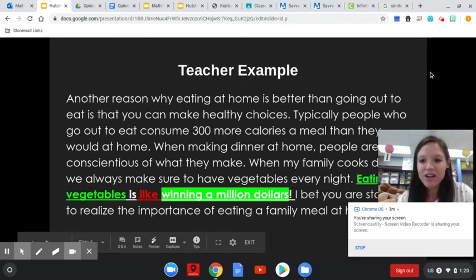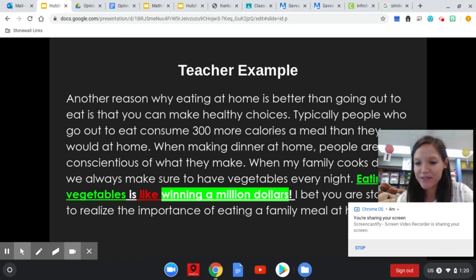So, now let's talk about how it's going to look in our writing. Here's the teacher example of some writing that we're using when we're writing our opinion piece. Is eating at home better or is eating out better when you're talking about going out to dinner or staying home?